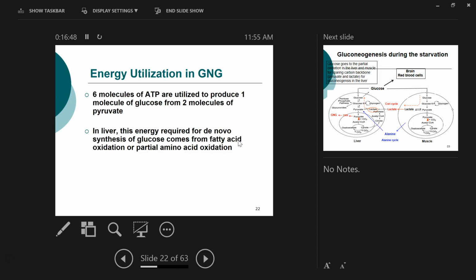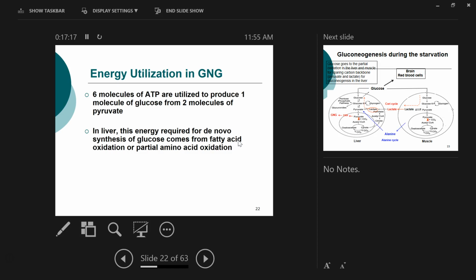Basically, energy comes from fatty acid oxidation or partial amino acid oxidation, which makes sense, right? During the fasting condition, we always want to spare glucose for use by the brain and red blood cells.